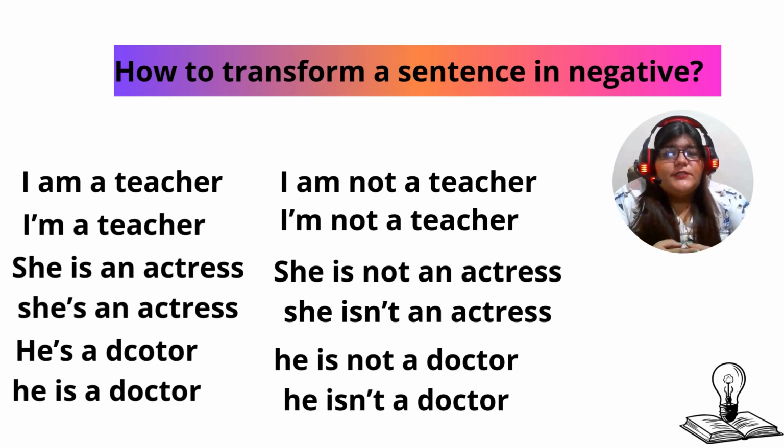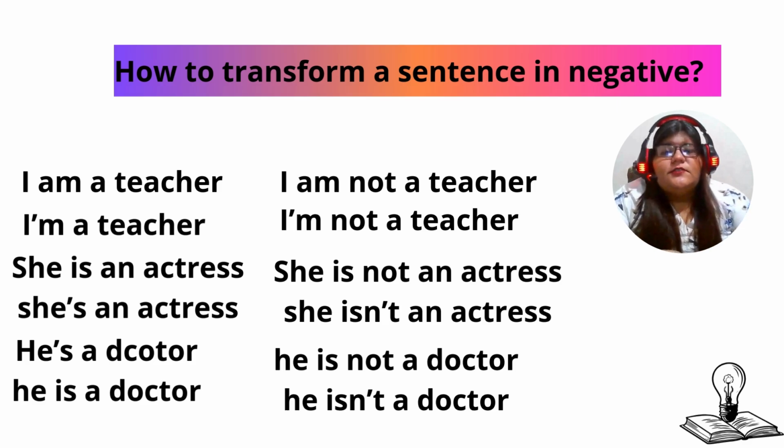But if I want to deny that, I can say, I am not a teacher. I'm a teacher is when you use a contraction, right? And then we have the negative, I'm not a teacher.